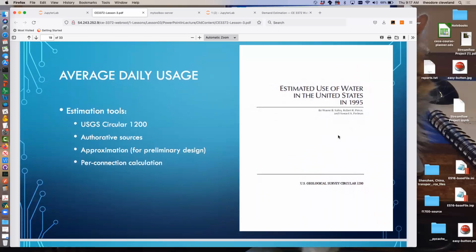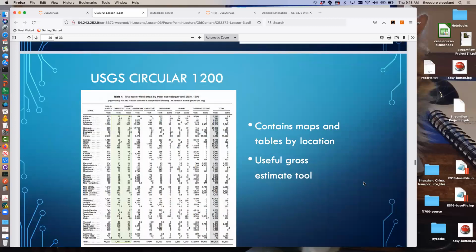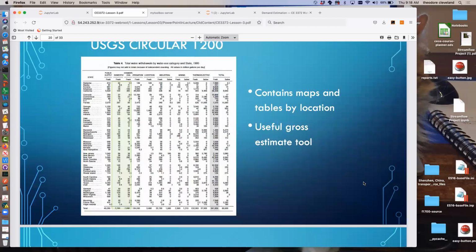So to estimate average daily uses, there are a few tools available. In 1995, the United States Geological Survey published Circular 1200. In that are tables and tables of numbers. They're organized by state, so you probably want to use the state that you're working in.